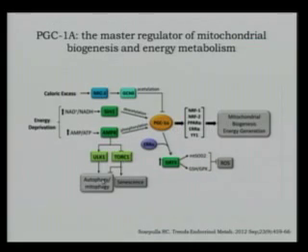So you're getting rid of your older components and facilitating recycling and rejuvenation and so on. Another key component here is the target of rapamycin, the mammalian target of rapamycin.